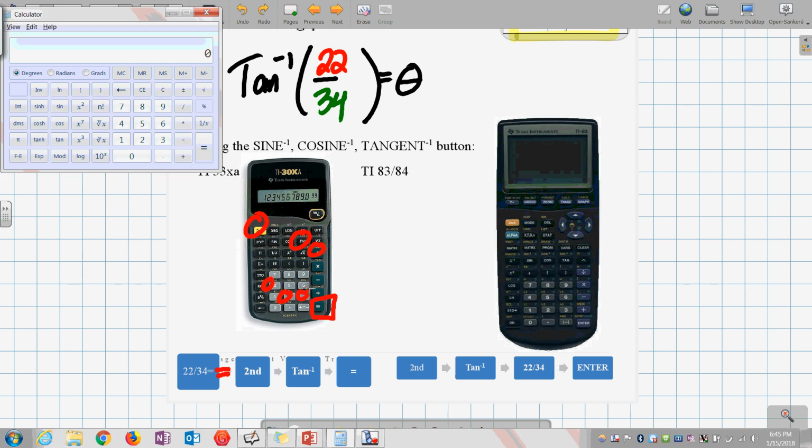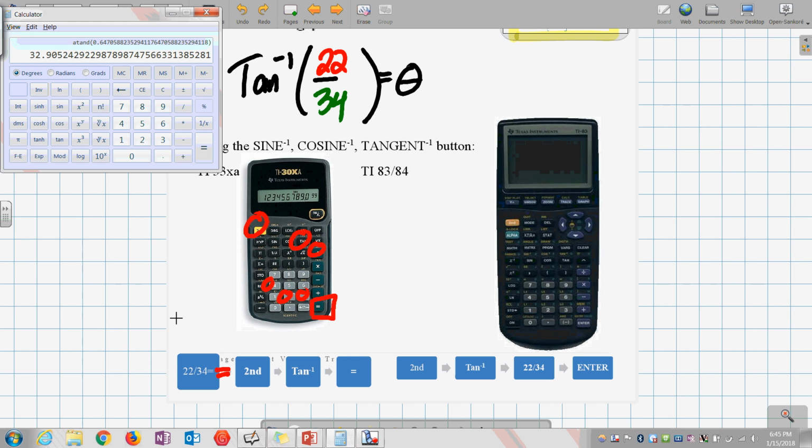Okay, so the calculator on the left, you're going to follow me on the screen. Calculator's on the right, give me just a second. You do 22 divided by 34, hit the equal sign. Then you do second function. On mine, it's going to be inverse, but second function and tangent.